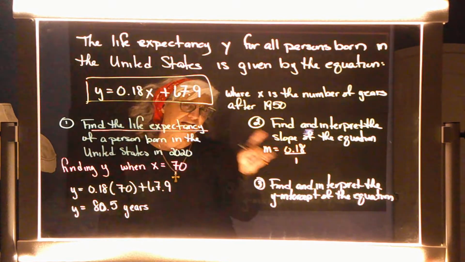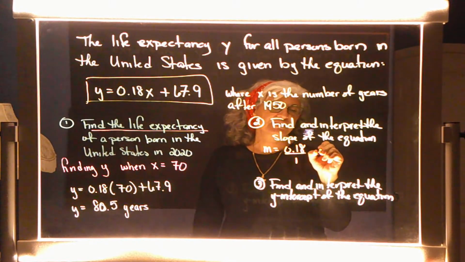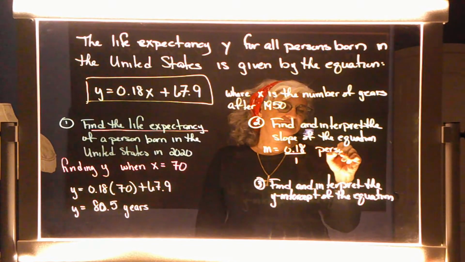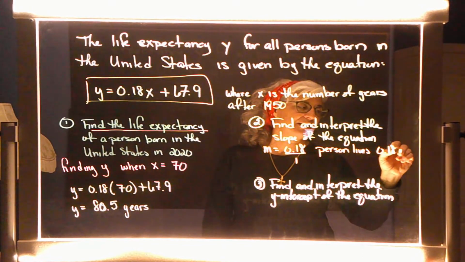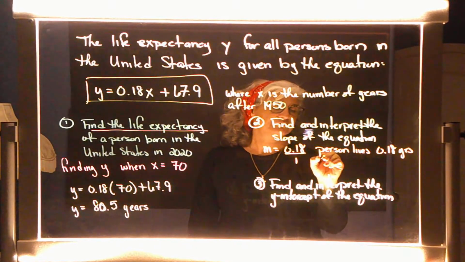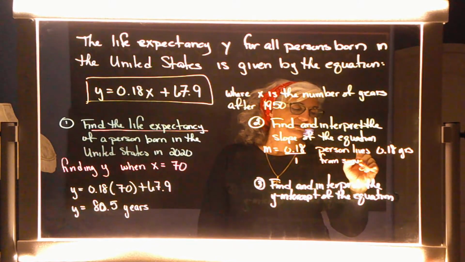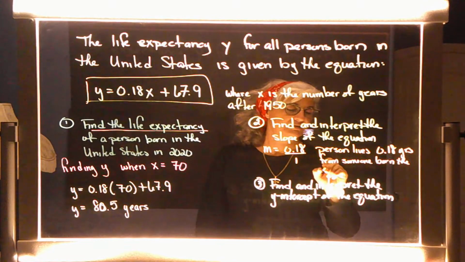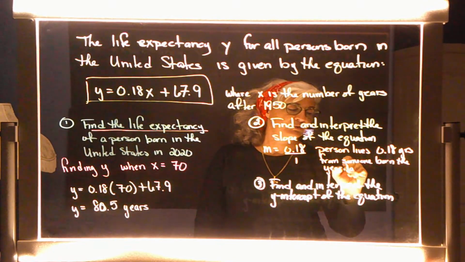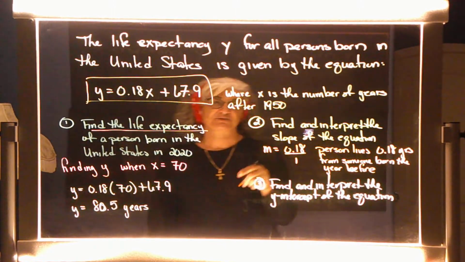What this slope is telling me is this, that a person lives 0.18 years longer than someone born the year before. Because it keeps going up by 0.18 years, right?